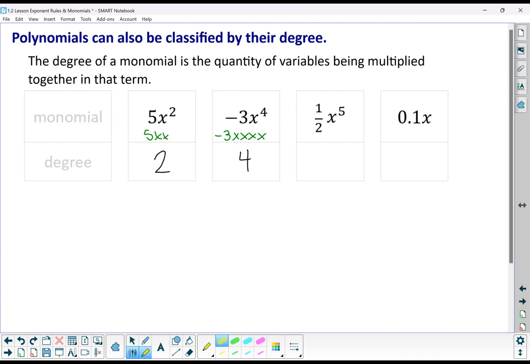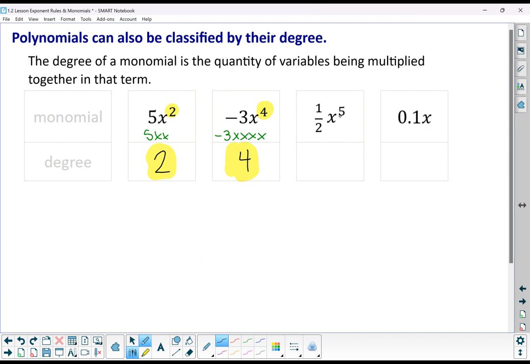And you might have noticed that at least for single variable expressions, the degree of the polynomial matches the exponent. If your monomial has more than one variable, like an x and a y, that doesn't exactly work. But we will primarily be dealing with single variable expressions. So you can look at that power to find the degree of the polynomial.